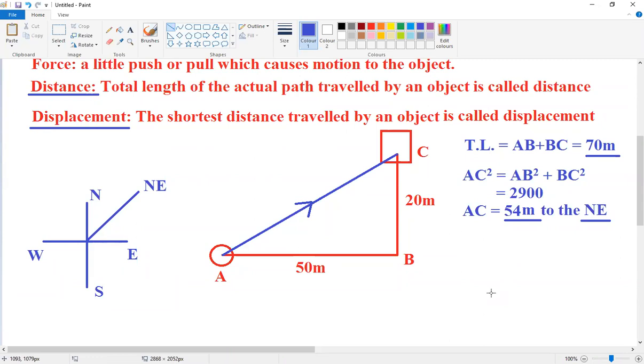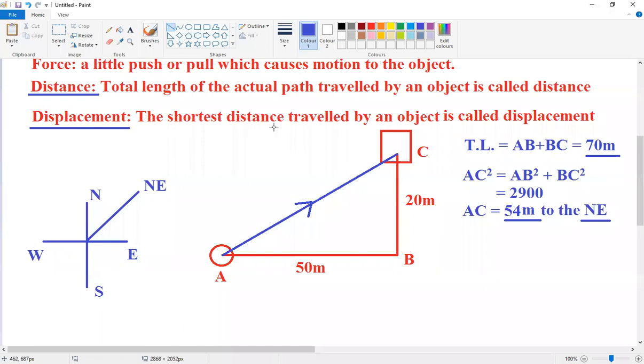Now you know these terms, right? What do we call the term that has only magnitude? Distance. And the term that has magnitude as well as direction is what we call displacement. If in an examination you are asked to differentiate between distance and displacement, then how do you differentiate?